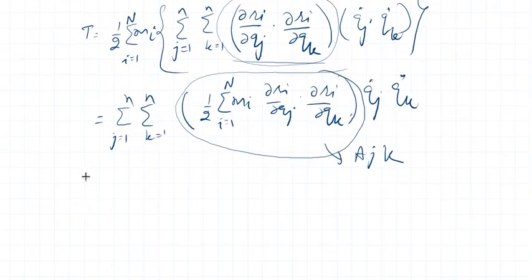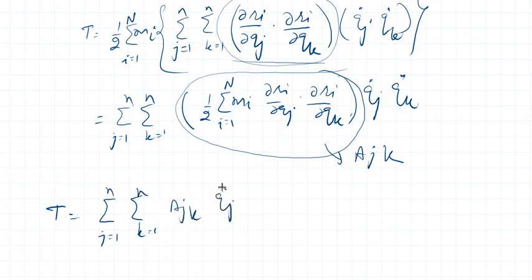Therefore, the kinetic energy T can be written as the summation over j varying from 1 to n and k varying from 1 to n of Ajk qj dot qk dot.